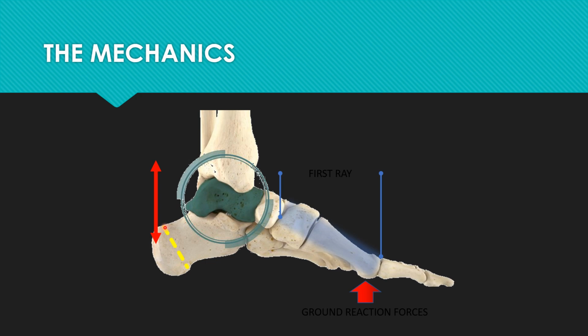If there's more pull because of, say, tightness or overactivity of gastrocnemius, there'll be an increased stress loading across the apophysis. If the child increases mechanical load through increasing activity or because of obesity, all of these factors will increase the mechanical stress on the apophysis. So that's the basic mechanics, and understanding that in very simple terms is going to help us work out how to treat this condition.